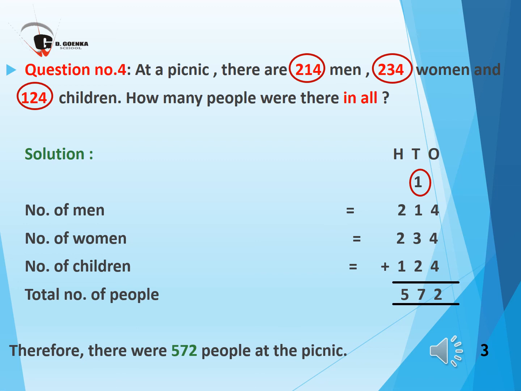That is 2 plus 2 plus 1, which equals 5. So what is the total number of people, kids? The total number of people is 572. And our last step is to write down our answer in a statement form. Therefore, there are 572 people at the picnic.